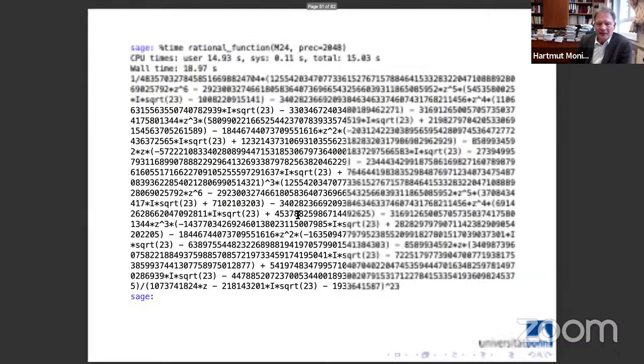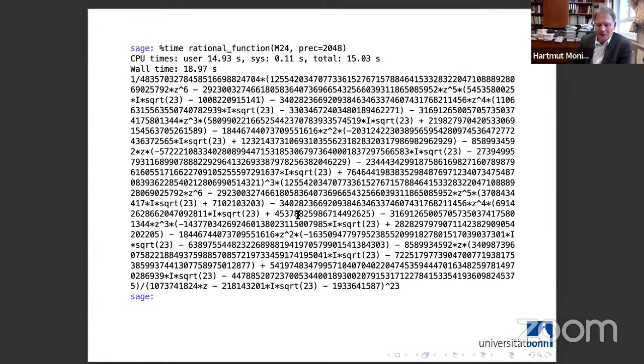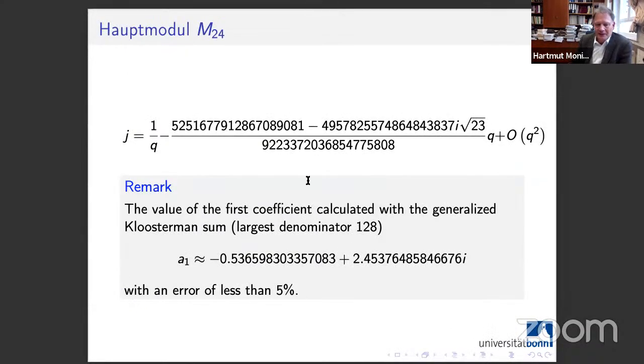So in this particular case, this gives you very quickly the solution. And look at this Q expansion at cusp infinity of this Hauptmodul for N24. With a Klostermann sum, when you include already 1,000,000 terms, you get an accuracy of 5% for the first coefficient A1. And you would have never guessed this Fourier coefficient A1 to have that exact form.